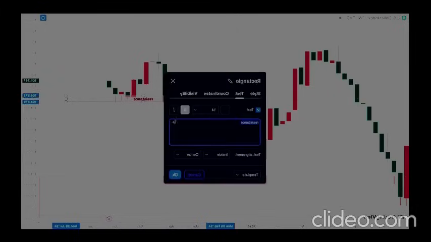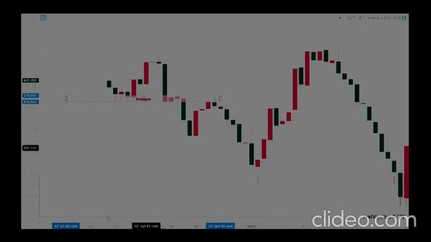Let me label this again. Previously it was resistance, but this time it is a support zone. Okay.